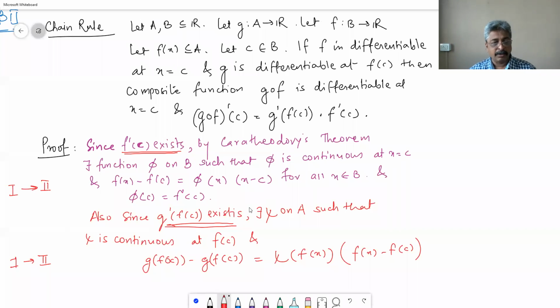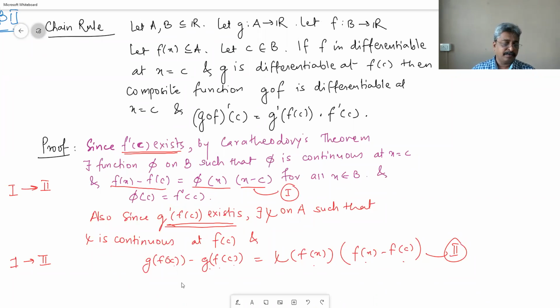Okay, now let us look at these two expressions that we have got. F of x minus f of c is equal to phi of x into x minus c, and g f of x minus g f of c is equal to psi of f of x into f of x minus f of c. So maybe this is expression 1 and this is expression 2.